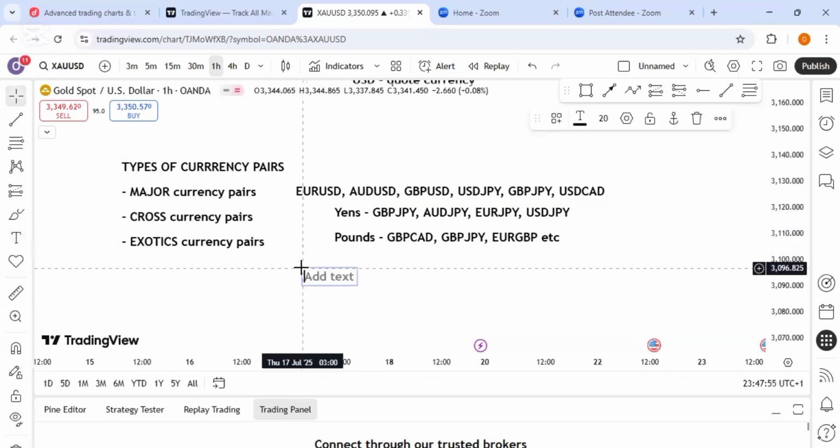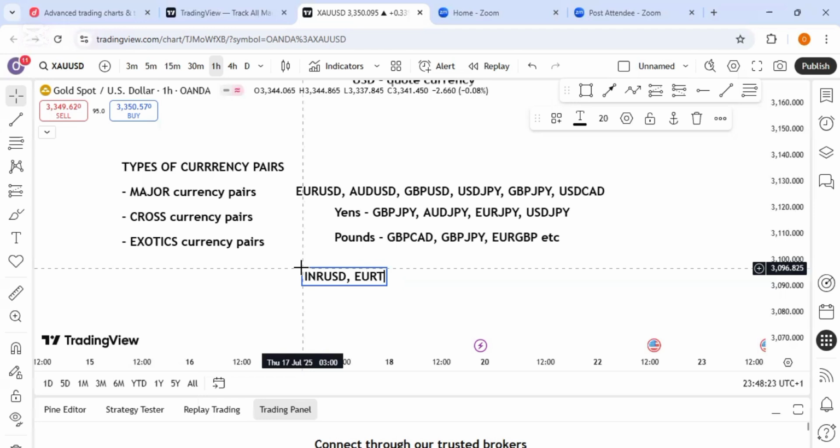For example, we have the Indian rupee against the United States dollar. Yes, Indian rupee against United States dollar. We have euro against Turkish lira. I've forgotten this particular one because I don't trade them, but just know that exotic currency pairs are not even advisable to trade.